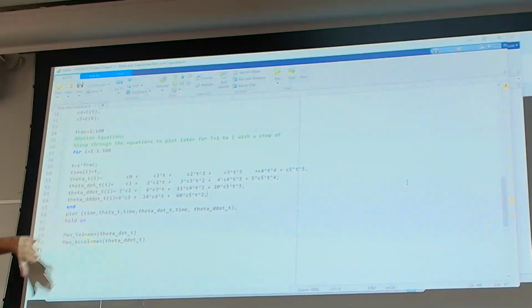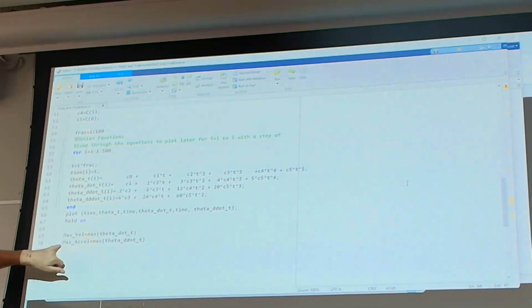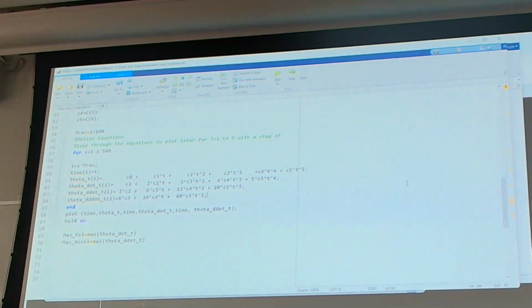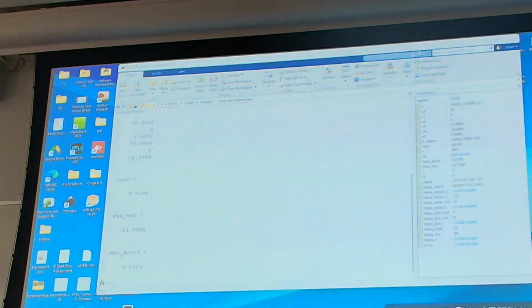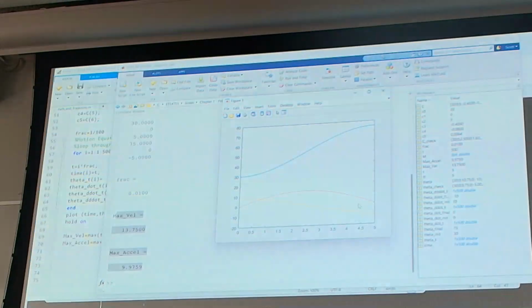Then I'm going to plot each one of these, and you can see what the maximum of this one is and the maximum of this one is by this max definition. Okay? So when we run it, here are our values, and this would be the graph. Start with the min and max.